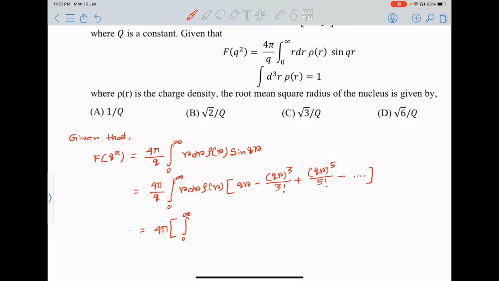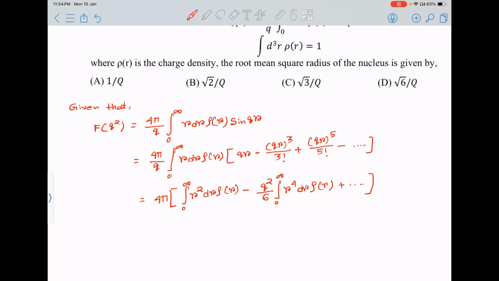So ∫ from 0 to infinity r² dr ρ(r) minus, so it is q³r³, so it will be q²/6 ∫ r⁴ dr ρ(r), plus, so we neglect higher order terms.